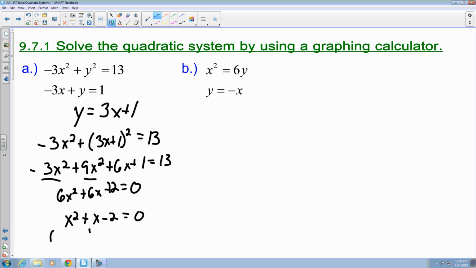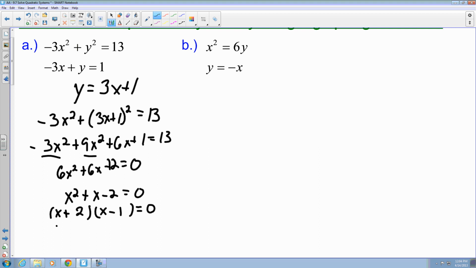If I reverse FOIL here, I get plus and minus, so this is 2 and this is 1. This leaves me with x equaling negative 2 and x equaling positive 1. Now all I have to do is substitute into this equation here.